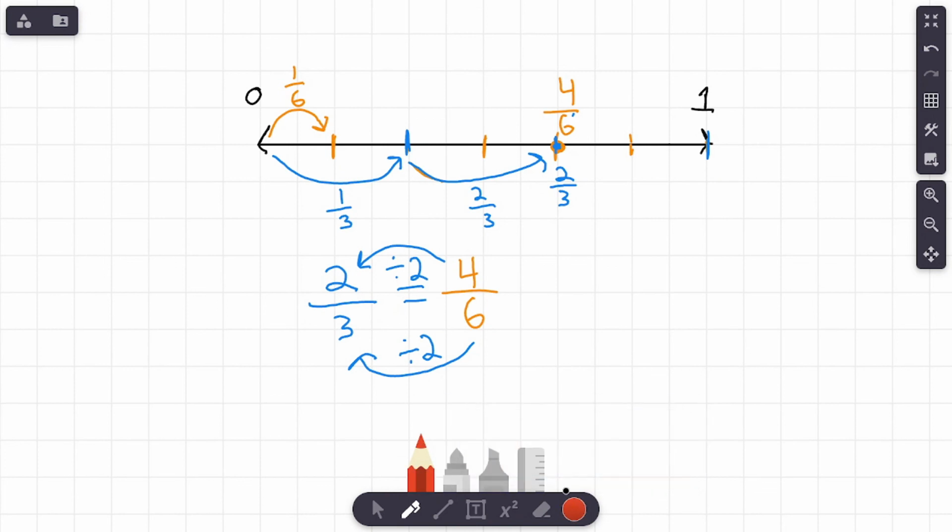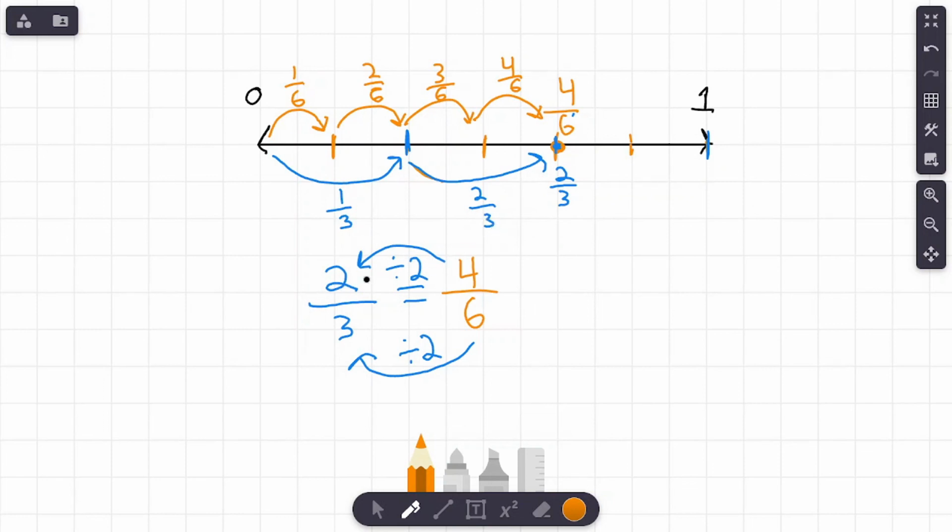Notice these two fractions are equivalent. These are equivalent fractions, and we proved it two different ways. How did we do so? Well, we did it with our number line up here by breaking it apart into equal sections depending on the denominator.